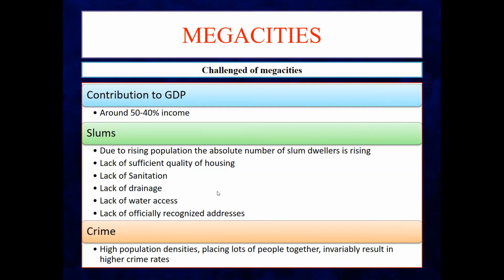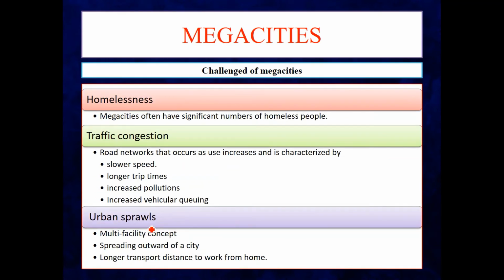Then, after contribution to GDP, I say 50 to 40% of income, it produces slums. Population will be more, with a lack of houses. By this we find slums in the megacities. Crime will be increasing. Then homelessness, so simply, homelessness and slums will be generated.